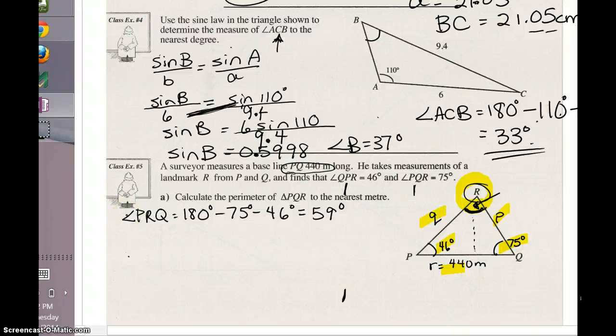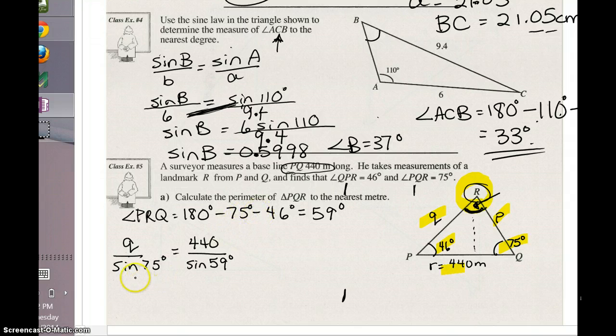I am looking for Q, so let's find Q by putting it over top of sine, and the angle opposite Q is 75 degrees. Then we also have this side 440, which we were just given, and we can put that over angle R, and angle R is sine 59 degrees.